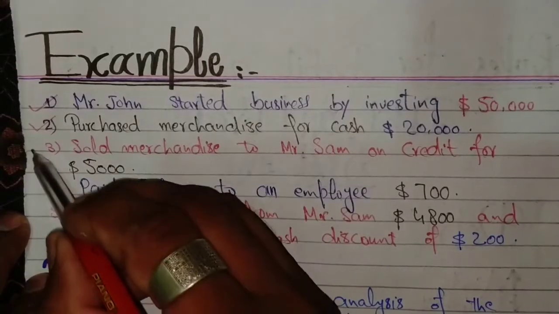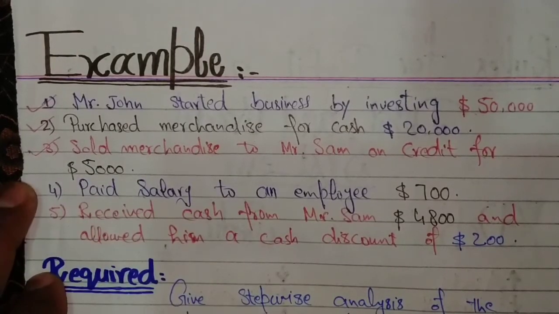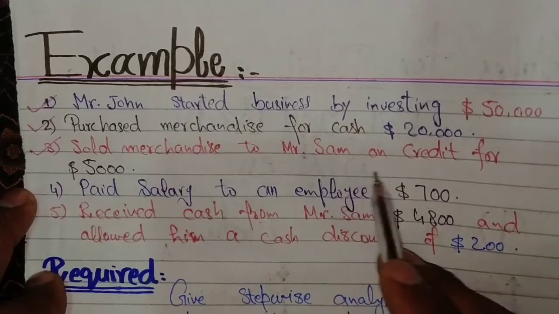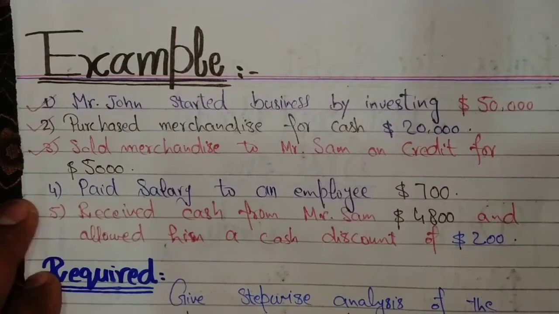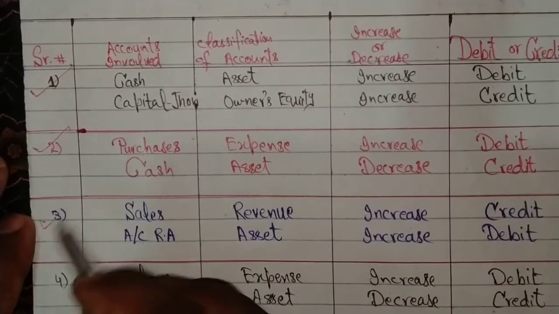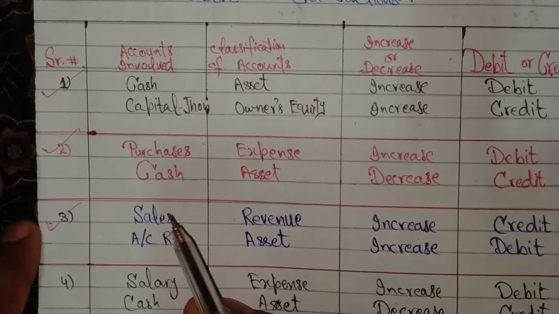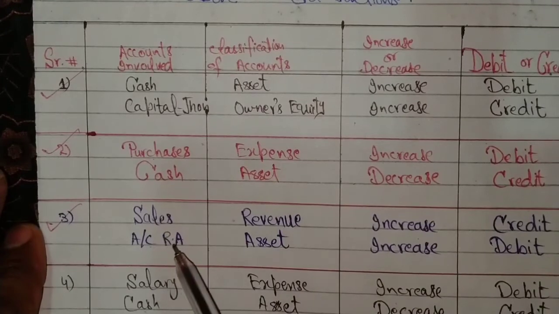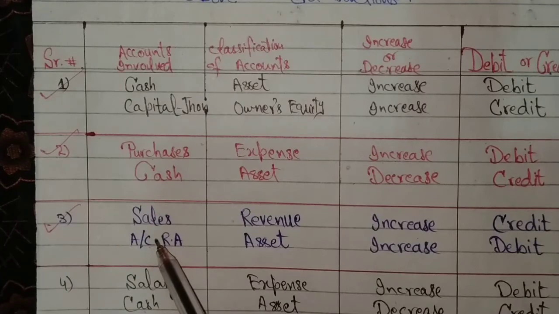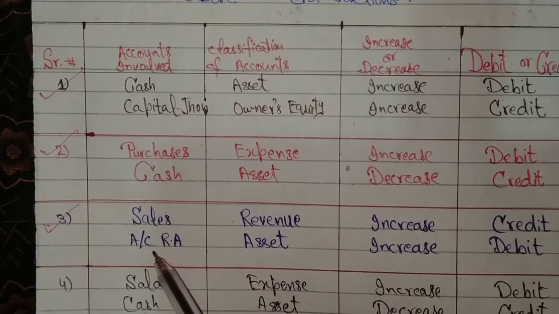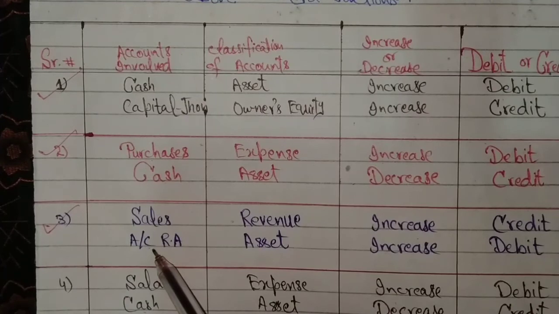The third transaction of this business is sold merchandise to Mr. Sam on credit for $5,000. The treatment of this transaction will be sales to Mr. Sam on credit. The third transaction has two accounts. First is accounts receivable or debtor. This is because this transaction is on credit basis.